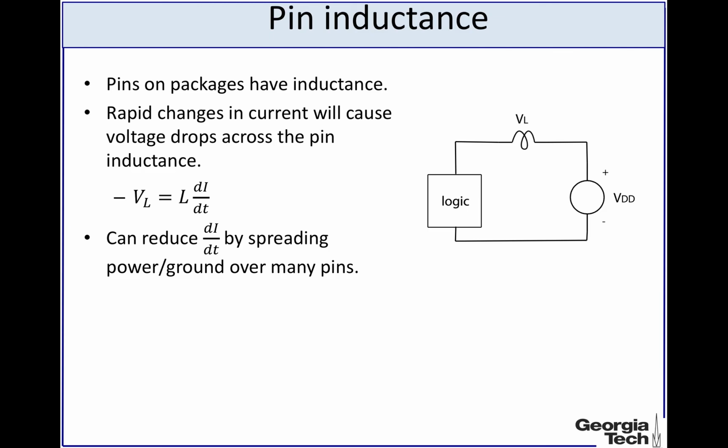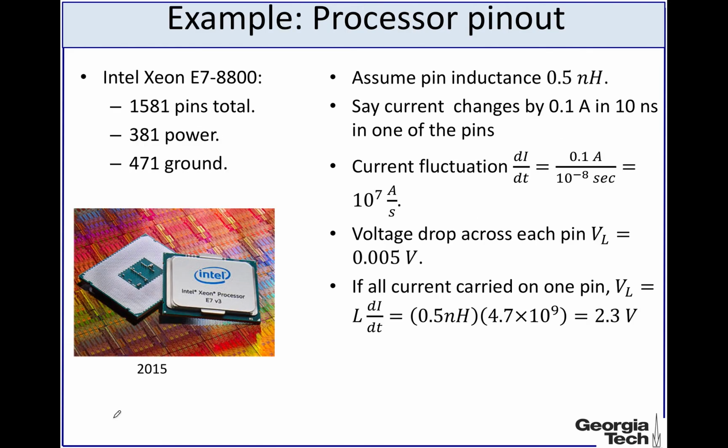So if you have an inductance and there is a sudden change in the current due to a high activity of the microprocessor or certain logic blocks, a voltage will develop at the pin that is given by V_L equals L di/dt. Alright, so let's look at an example of the inductance of a pin.